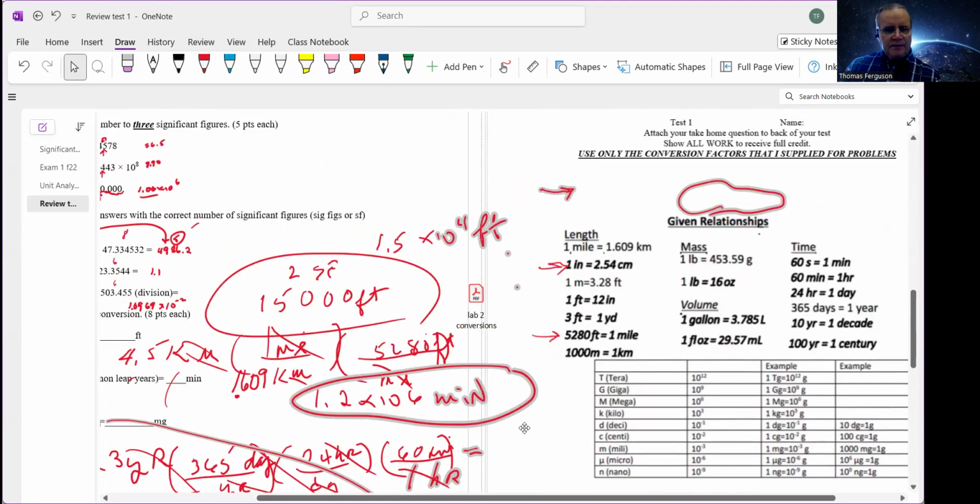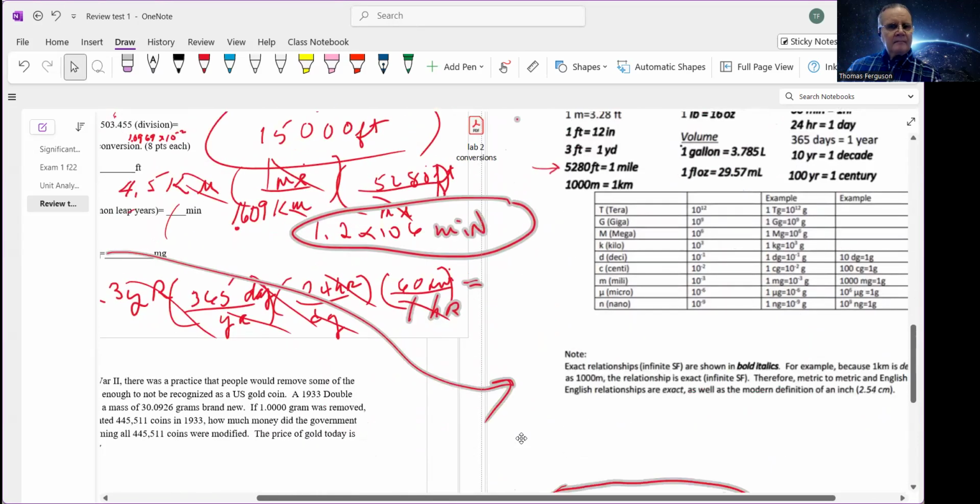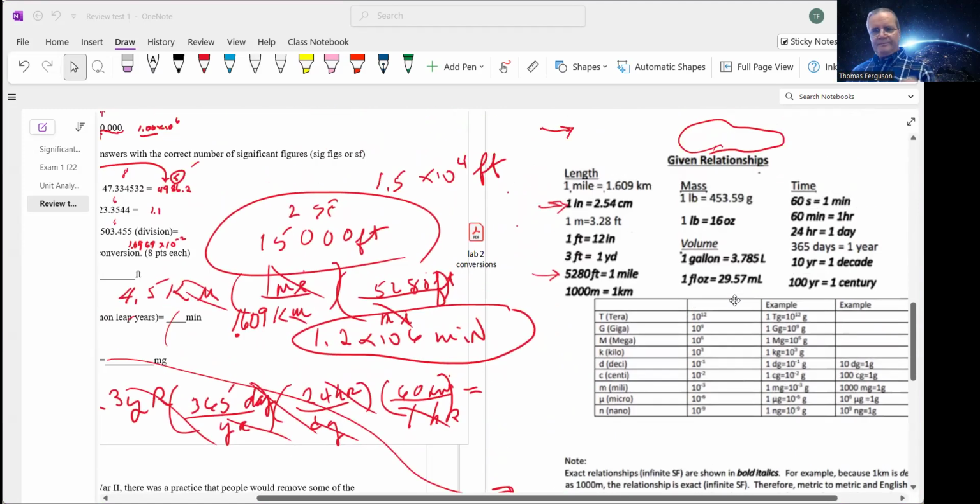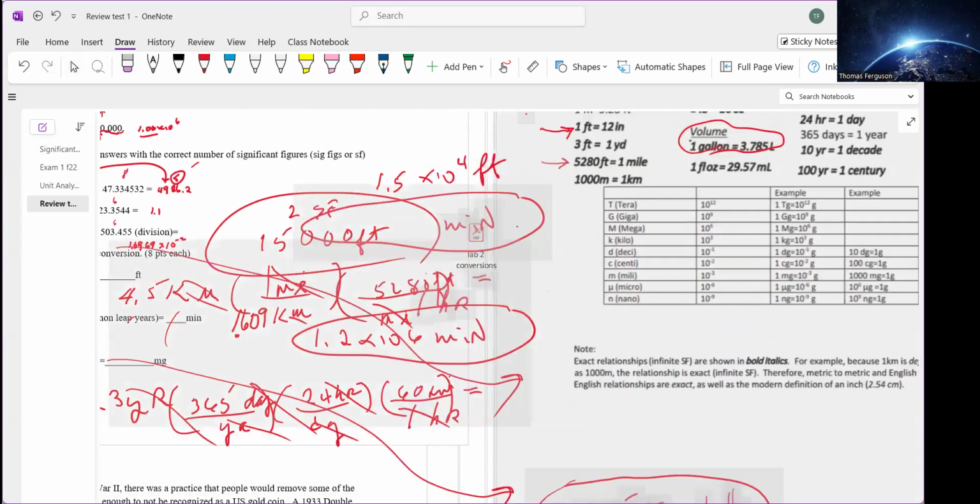Okay, and then we can go from pounds to, what were we supposed to end up with here again? Milligrams. Okay, so let's go to grams now. 453.59.